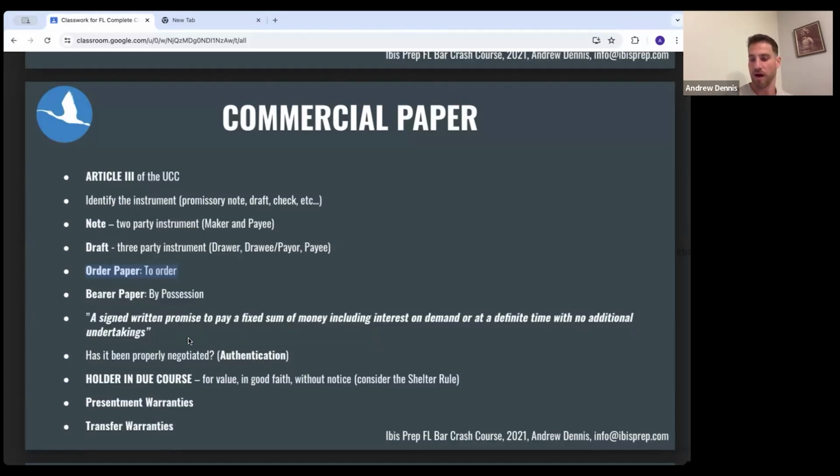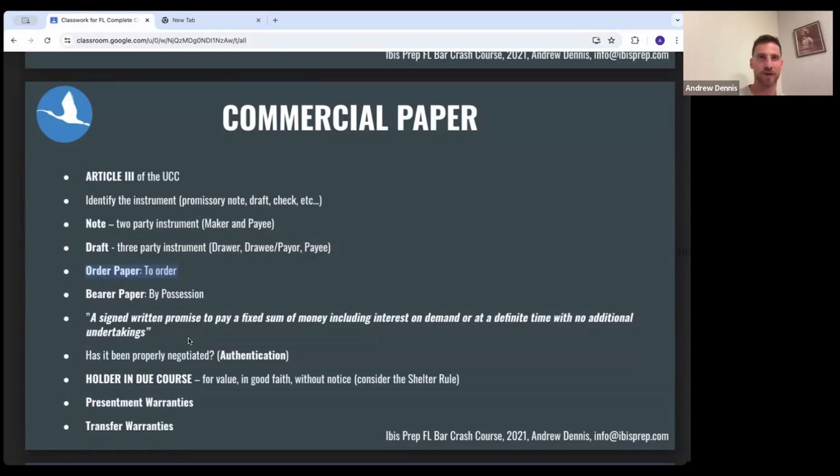So a holder in due course is free of the personal defenses and only subject to the real defenses. So when you think of personal defenses, think of contract defenses, like lack of consideration or no meeting of the minds.